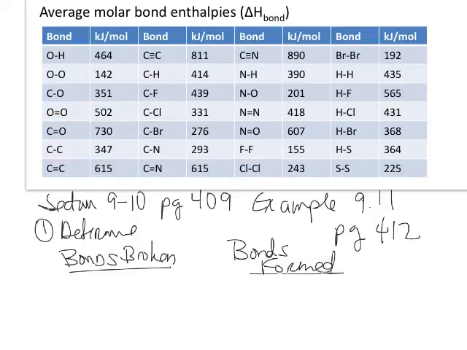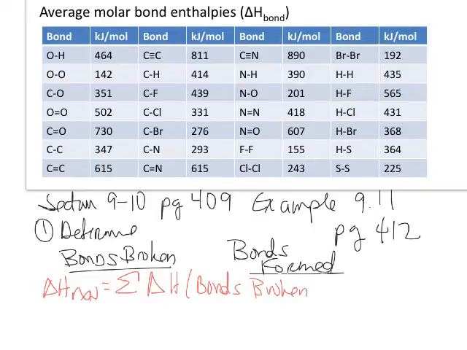And then we're going to sum these up, so you're going to use this equation. The delta H of the reaction equals the summation of the delta H of all your bonds broken.